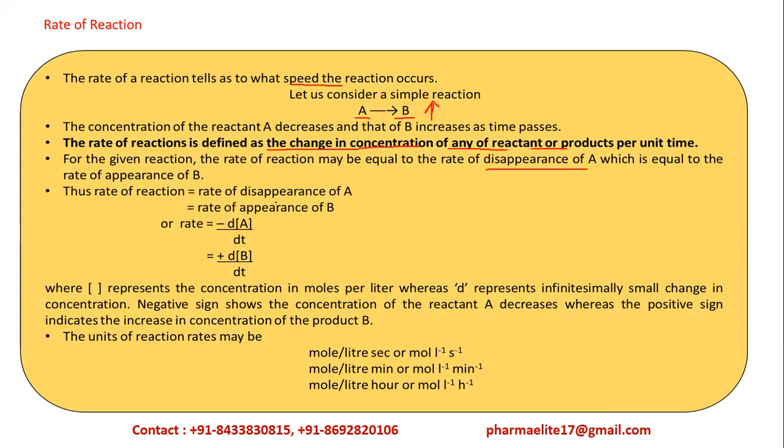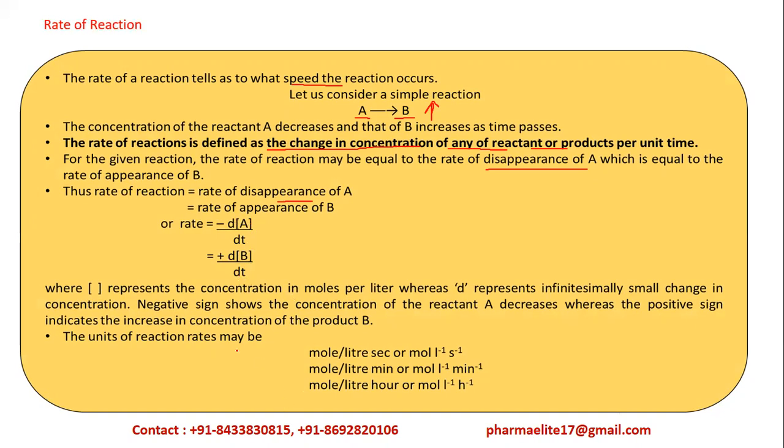Because it is disappearance of A, that is the amount of A is decreasing. So it is minus d[A]/dt, or the rate can be with respect to B, that is product, plus d[B]/dt. It is a positive sign because the concentration of product formed is increasing with respect to time. And this A and B in the square bracket is the concentration, which is in moles per liter.